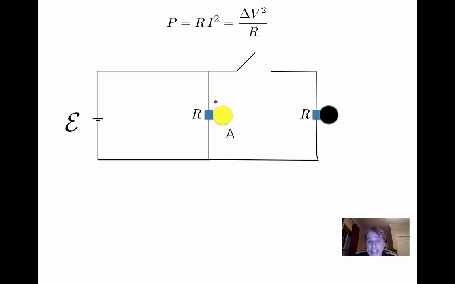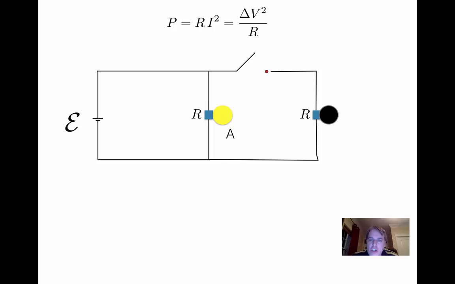So what we're asking is, when we close the switch here, what happens to the power delivered to this light bulb? And the light bulb is essentially just a resistor. So we use light bulbs here, but they're just resistors. Light bulbs are just nice because you can visualize right away what happens to the currents and the voltages by looking at how bright the light bulb is.